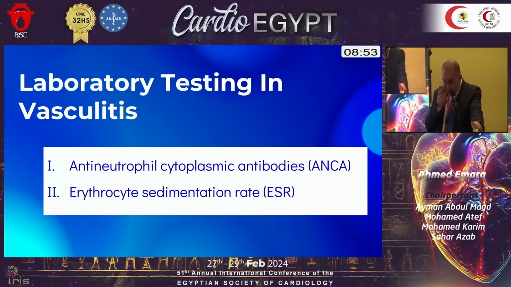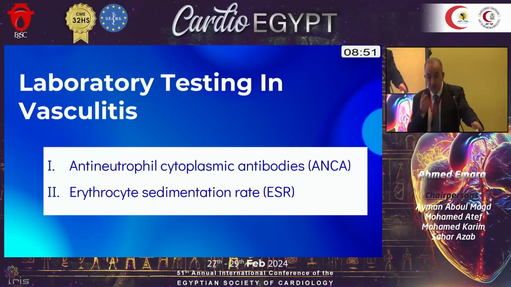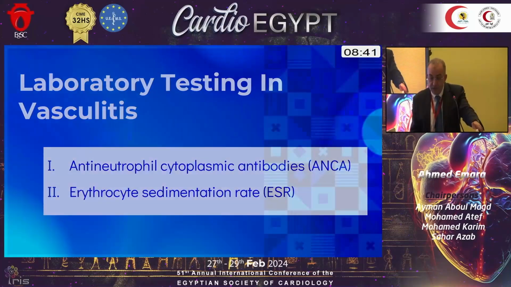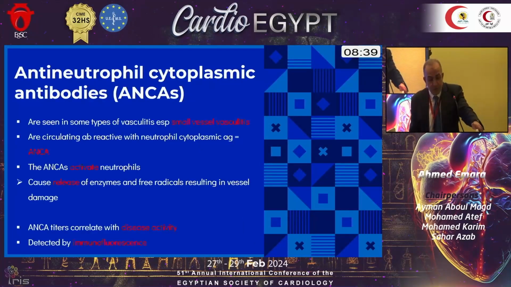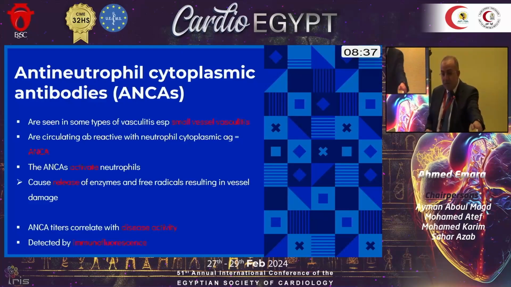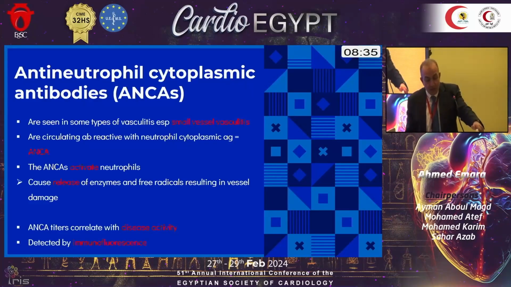Vasculitis may be diagnosed in the laboratory by detection of anti-neutrophil cytoplasmic antibodies, the ANCA, or by ESR, which is elevated in various types of vasculitis. The anti-neutrophil cytoplasmic antibodies are antibodies produced against neutrophils.